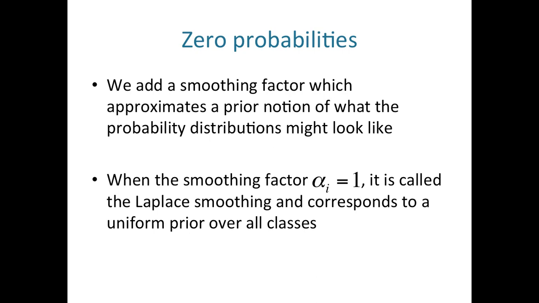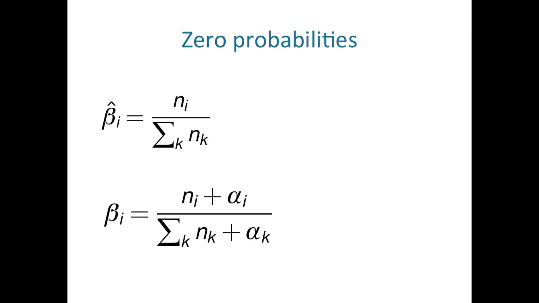Laplace smoothing basically adds what we call a uniform prior over all classes. It's basically saying just add, for example, 1 or any value alpha that you want, to all the different features that were not observed during training.